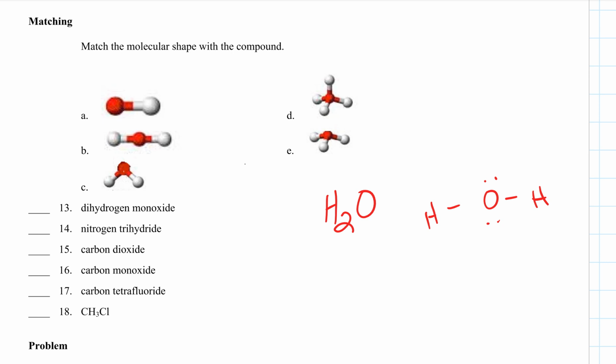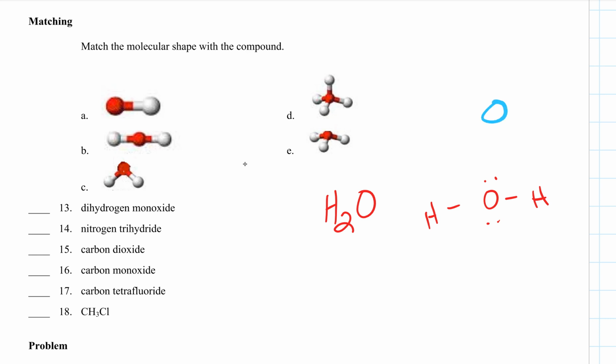Those are best spread out in a tetrahedral pattern, but notice you have two lone pairs. So you can build the tetrahedral structure. All right, let's see if I can draw that here.